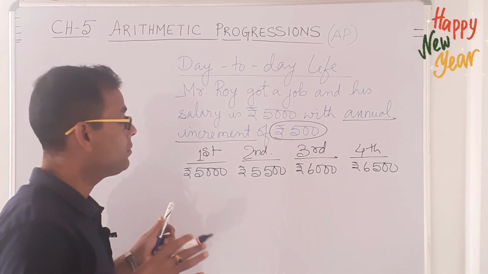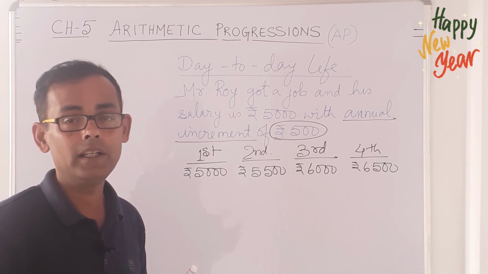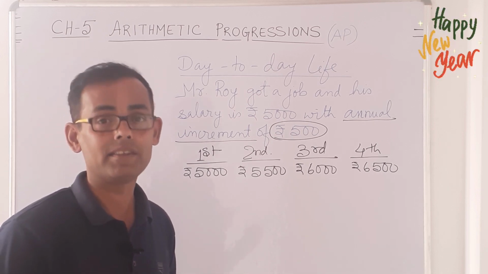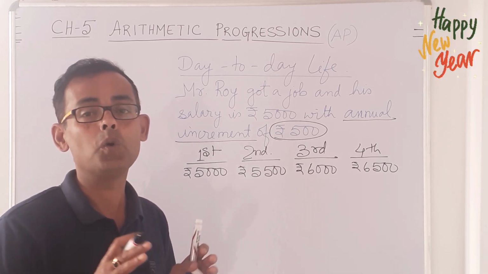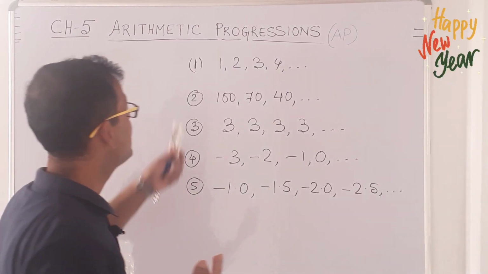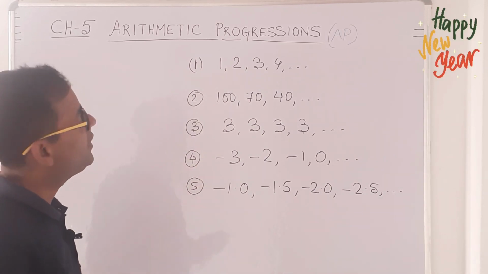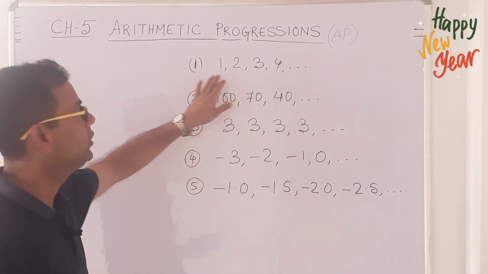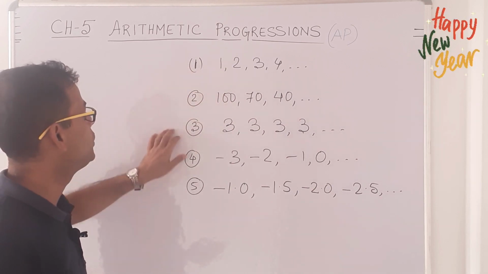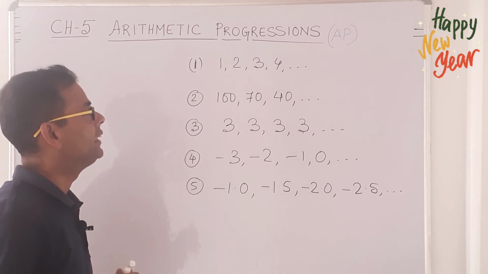Like this, many patterns we will be observing. Let us do some more examples, then it will be clearer to you. See here, I have written some numbers. Example 1, 2, 3, 4, 5, like this many examples are there.